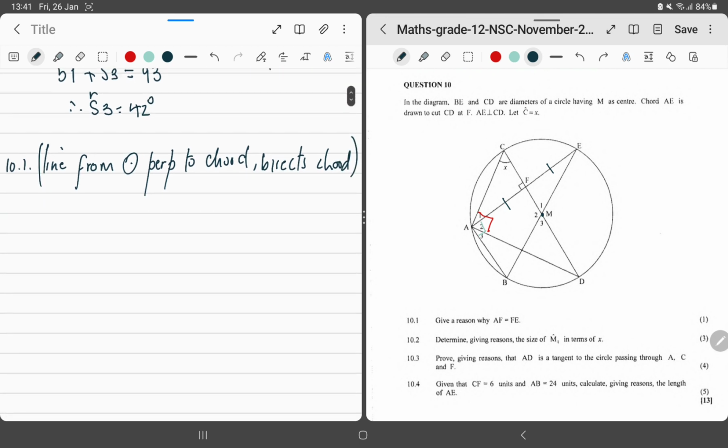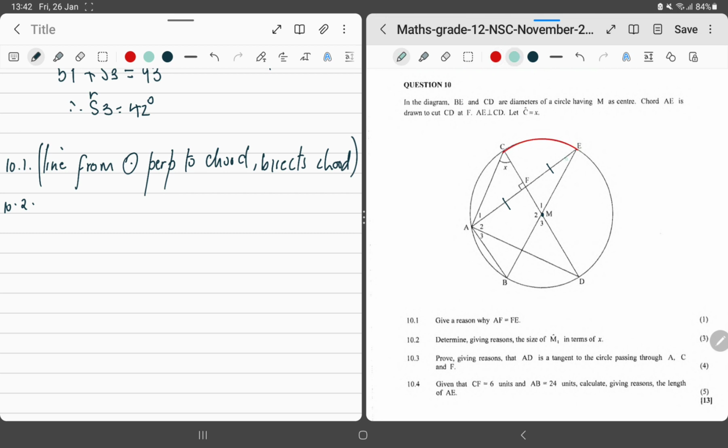10.2. Determine, giving reasons, the size of M1 in terms of x. I'm looking for M1. Let's look at the arc CE.